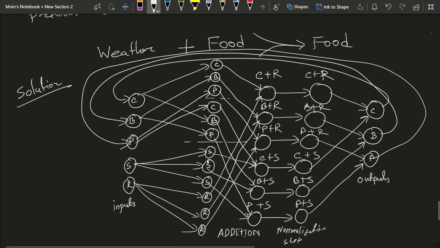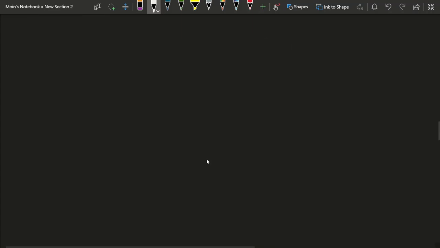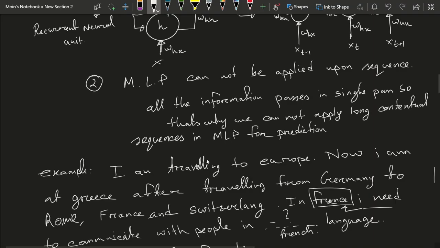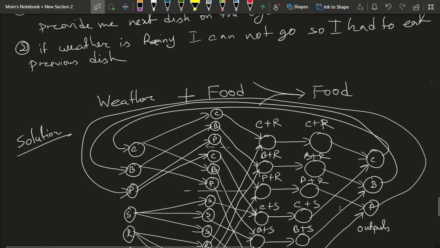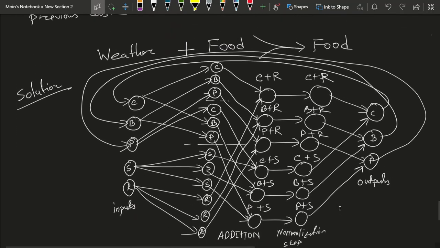So that's how the full set is going to happen, right? From there the chicken, burger, and pizza is going to be recurrent, and the weathers are going to change.